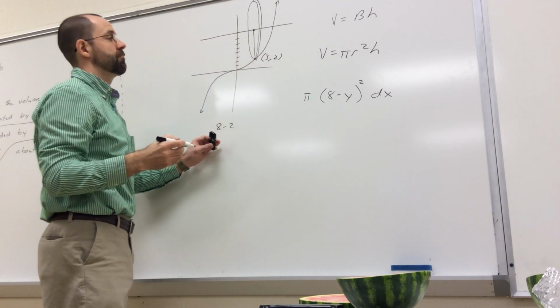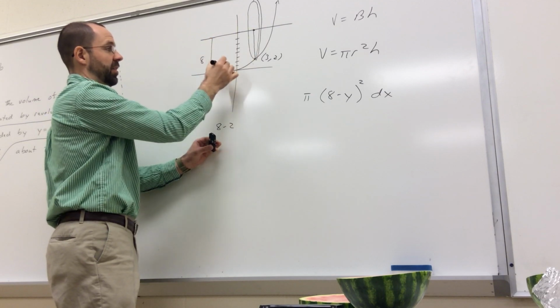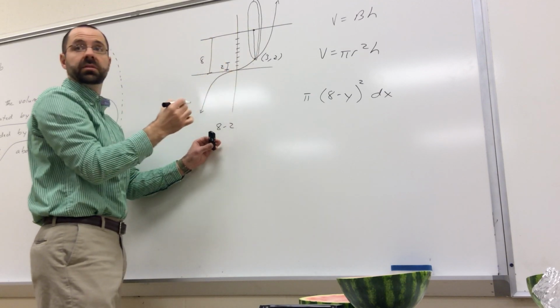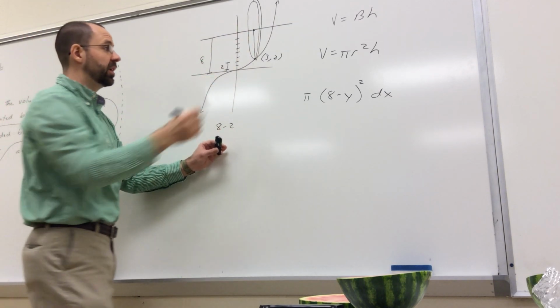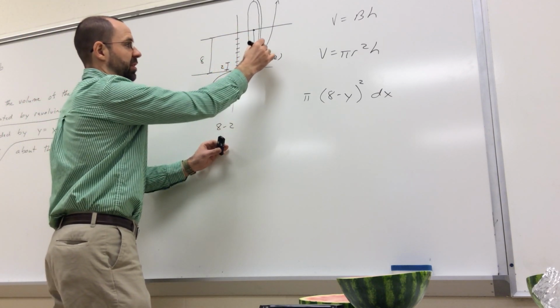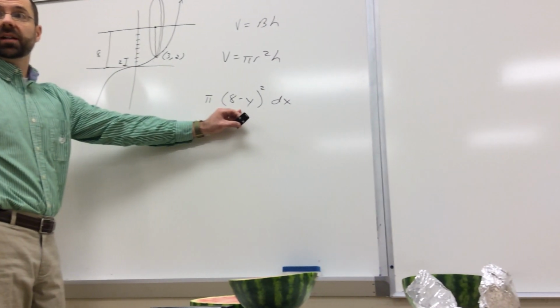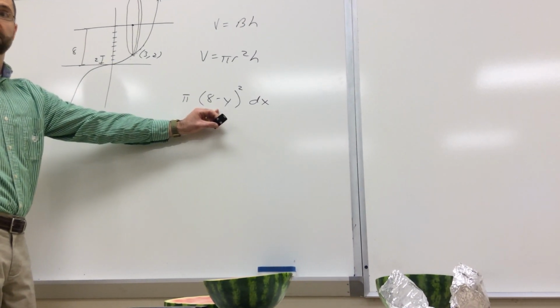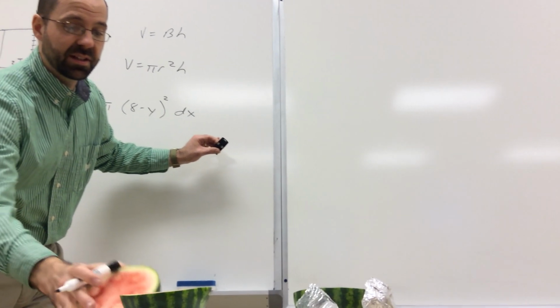All right. So I needed to find that distance. I knew this was 8, and then in my example, that was 2. So that's why this is 8 minus the 2. But then in general, this point's going to move, so this y will keep changing. So in general, it's 8 minus y for my radius. Is that good, Gabby? All right, so this is just the volume of one of these things, right?